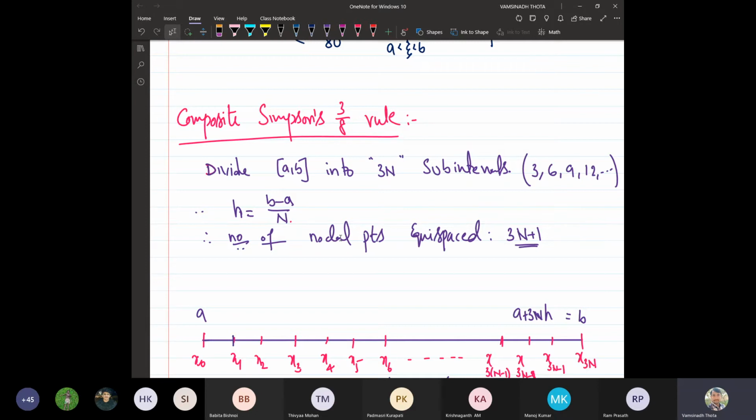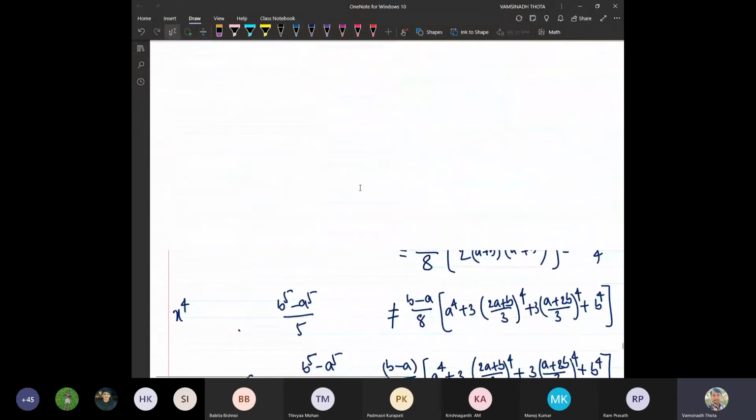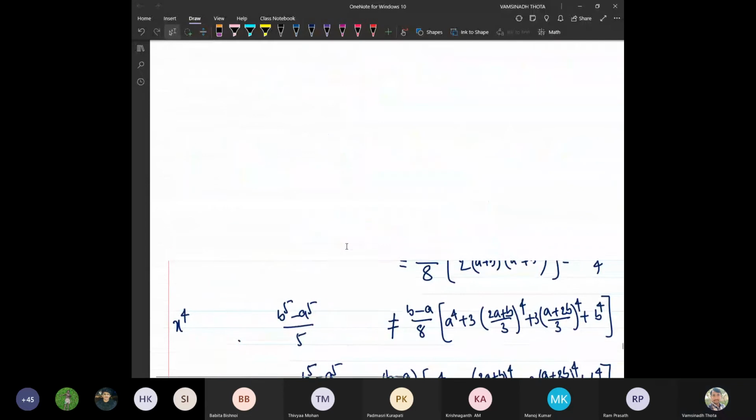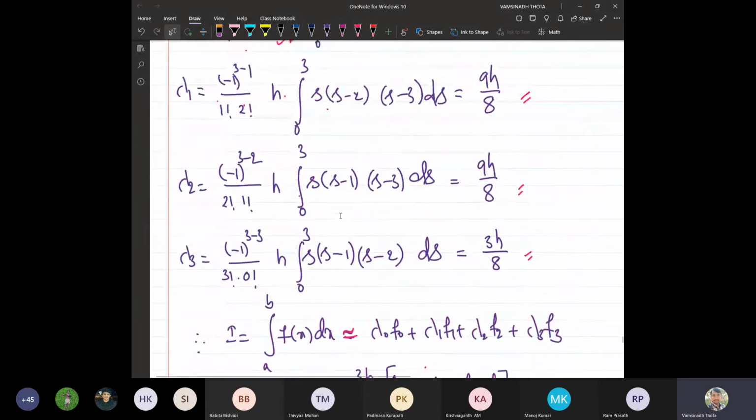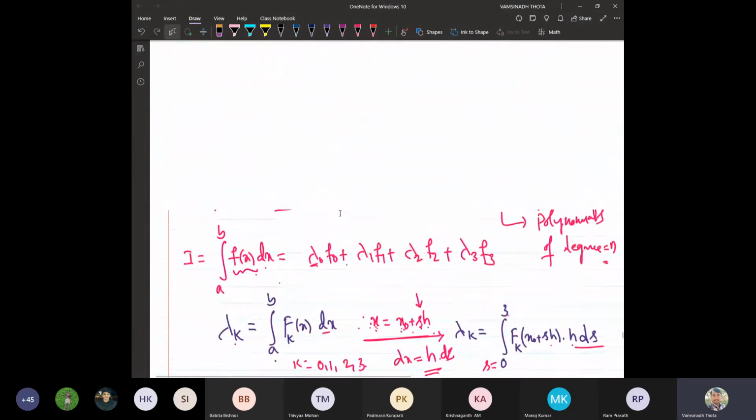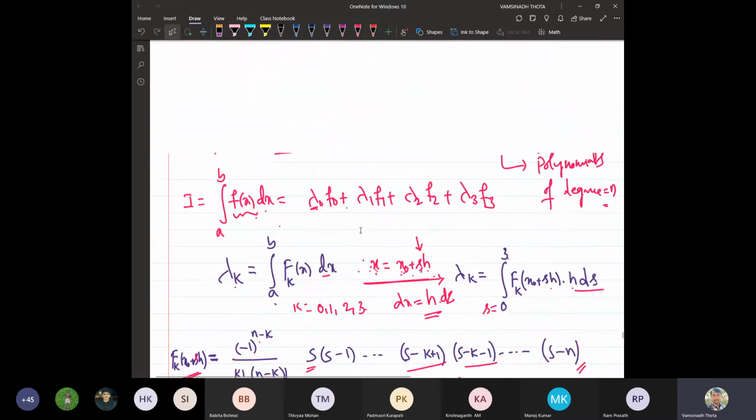Why? Because if you look at the classical case, we need 3 subintervals. Here also a is equal to b, but we need 3 subintervals itself.